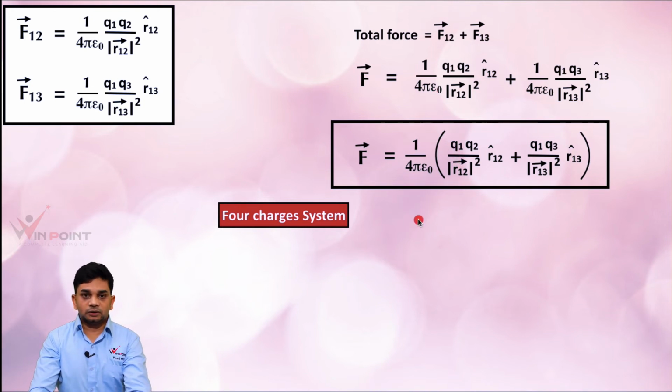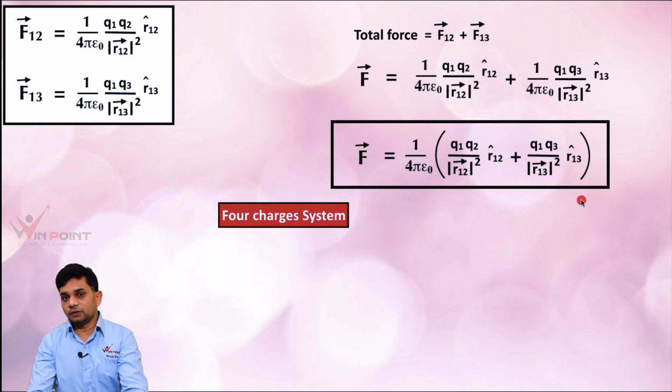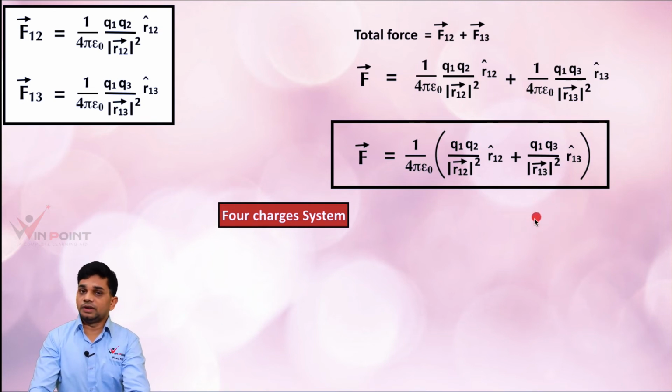1 by 4 pi epsilon 0 is common, it is outside, it won't be changing. q1 q2 vector r12, q1 q3 vector r13. So if there is another charge q4, what will be the equation for force? We can write it very simply, right?